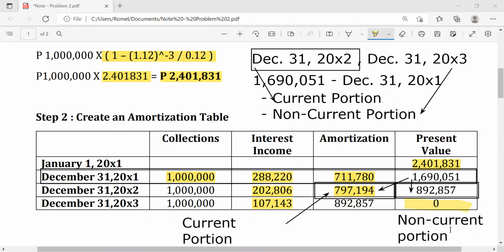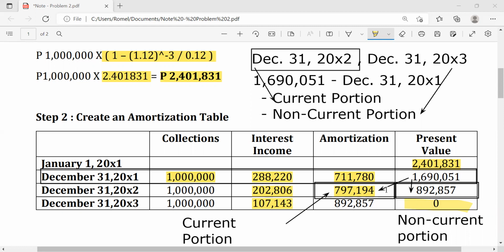Kasi kailan siya magiging due? Magiging due pa siya sa 20x3. So this is still non-current as of December 31, 20x1. The 892,857 is a non-current portion. So that's it for current and non-current portion.